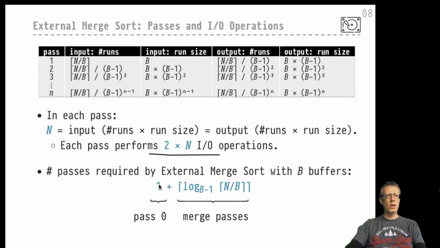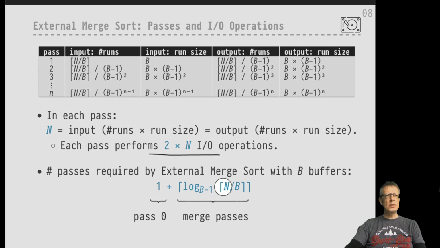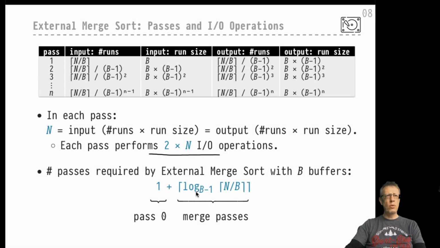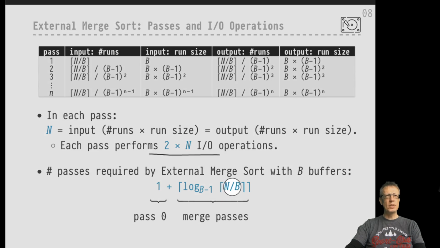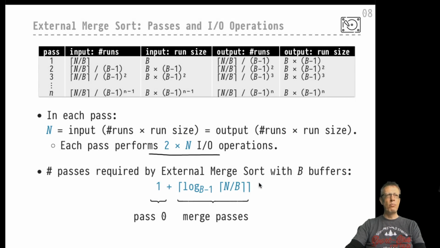How many merge passes will we need? Well, this is the number of runs that we have to merge. We have to reduce this number of runs to 1. In each of the passes, this number of runs is reduced by a factor of b minus 1. So the logarithm to the base of b minus 1 of the number of initial input runs, that would be the number of merge passes.